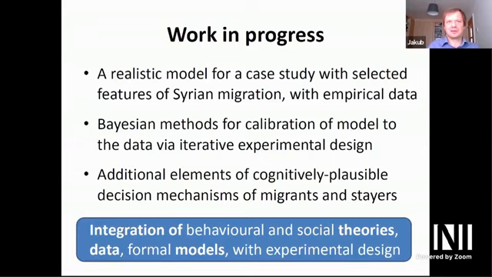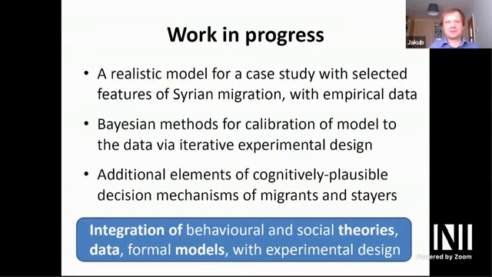When we started looking at that, we were surprised how many different small-scale and larger-scale data sources are available already on Syrian migration and Syrian migrants to Europe. The overarching idea is to embed everything in the framework of Bayesian experimental design, which would hopefully allow us to calibrate the model against some relevant data.